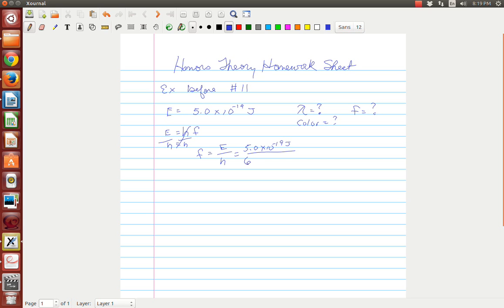Planck's constant is 6.626 times 10 to the minus 34 joule seconds. Notice that the joules cancel in the numerator and denominator. That just leaves seconds, so this is going to be 1 over seconds. That's going to be my unit.